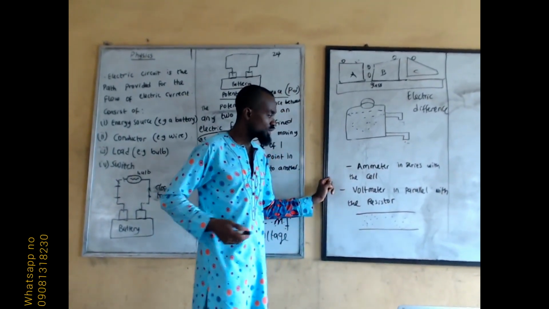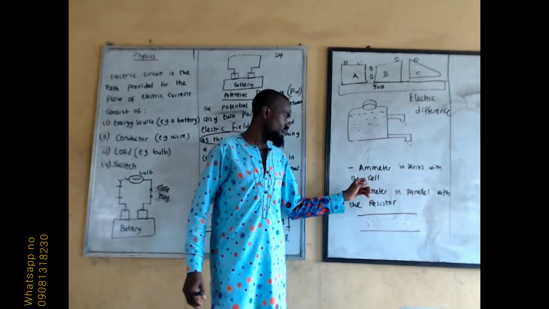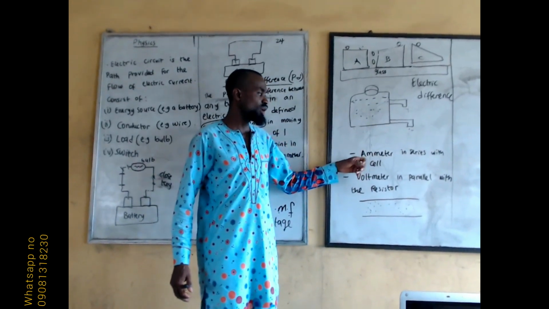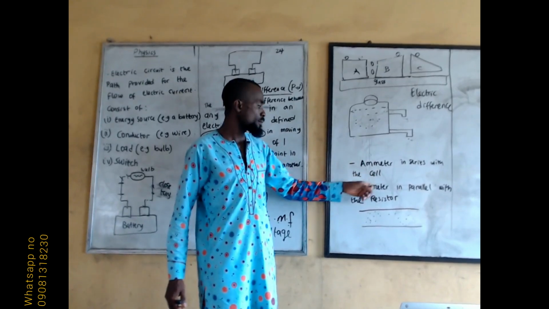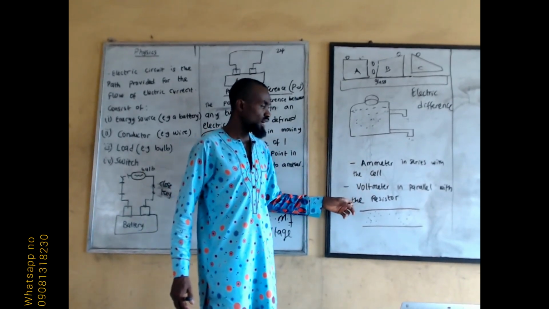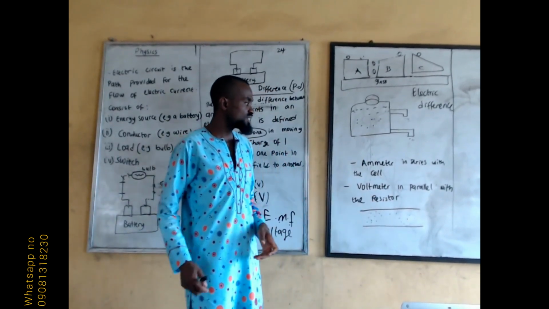So you can begin to add things to your circuit. The first you can add are a voltmeter and an ammeter. When you add the ammeter, you add it in series with the cell. When you add the voltmeter, you add it in parallel with the resistor.